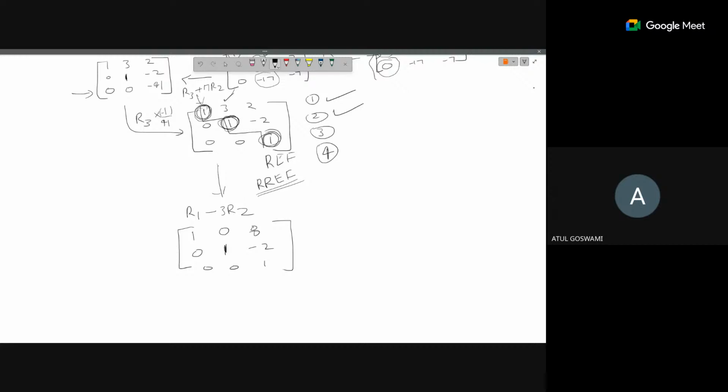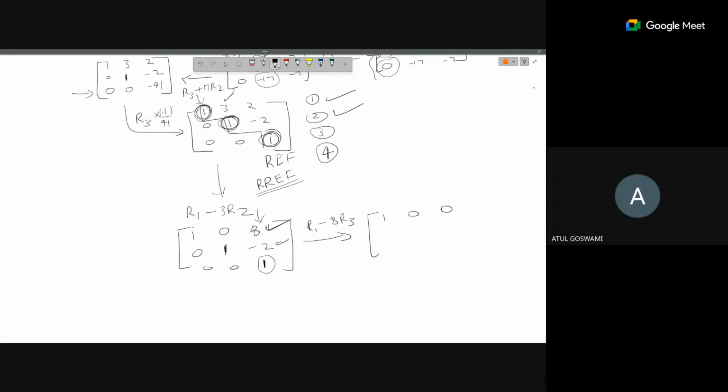And now, in this third column, the leading entry is this one. So these two entries must be 0. For this one, we take R1 minus 8 times R3, and we get 1, 0, 0.